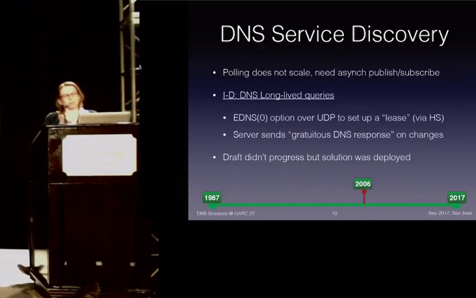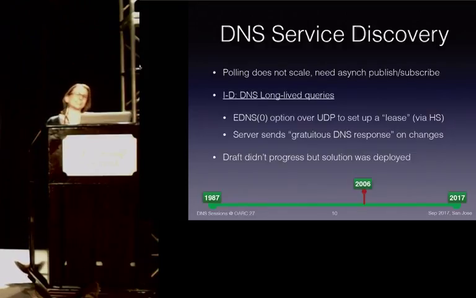Now, alongside this, there were other things happening with the DNS, and one thing I want to mention is service discovery. It was growing as an area, more devices being connected, the need to discover what devices were on local networks and other networks. Initially, the idea was to use a polling mechanism. It was rather rapidly realized that that wouldn't scale, and it really needed to switch to an asynchronous pub/sub mechanism.